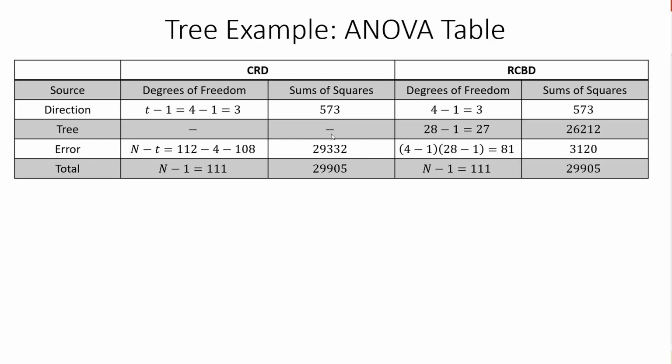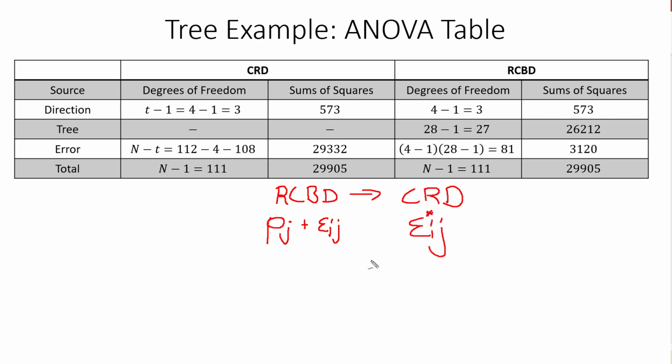Because essentially what we're doing is, if we're not treating it like a randomized complete block design, where we have the effect of tree j plus our error term, epsilon ij, what ends up happening if we go from a randomized complete block to a completely randomized design, the error term for a completely randomized design, we'll call that epsilon star, is going to be equal to the effect of the tree plus our unexplained error in our randomized complete block design.